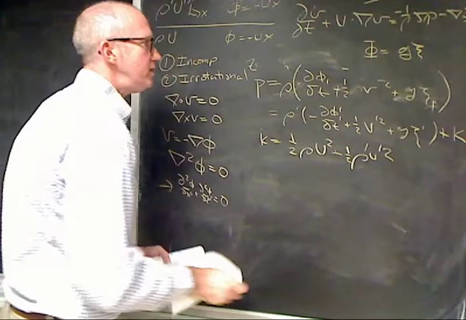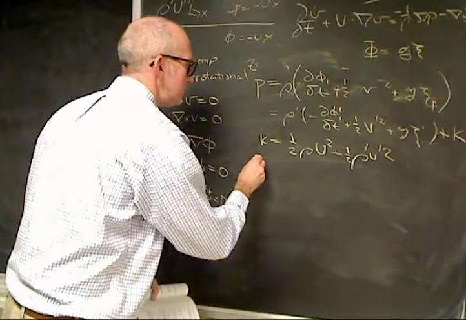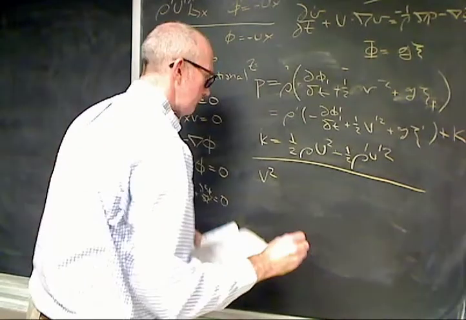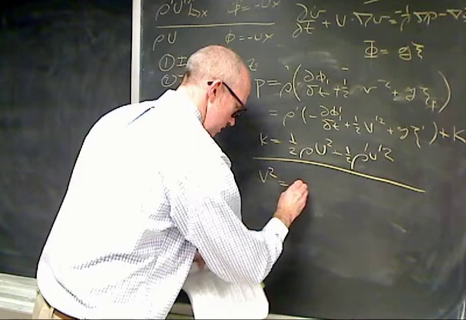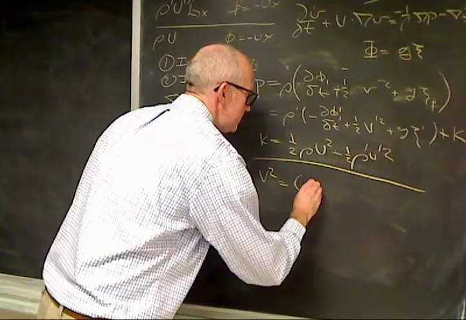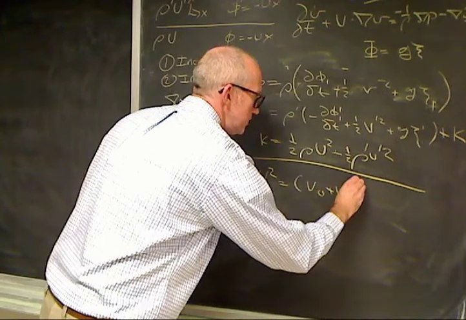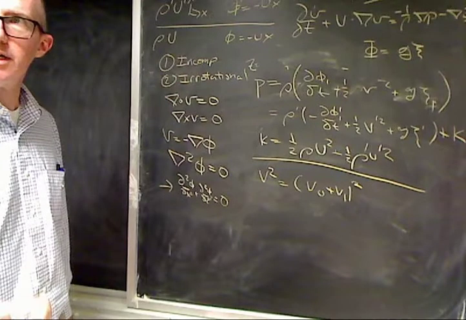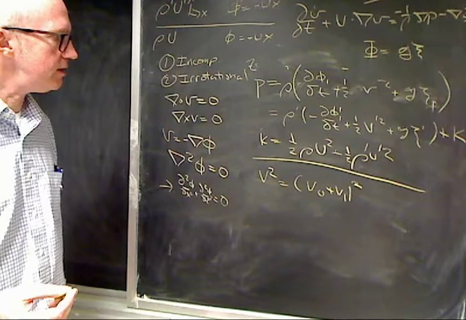So this term, v squared, is v naught plus v1 squared, right? Where v naught is our background solution and v1 is our mean solution.